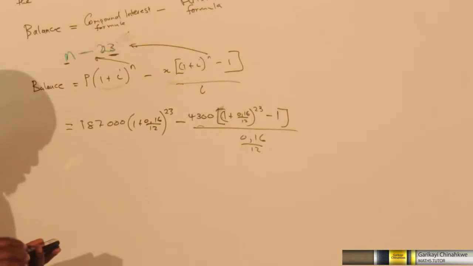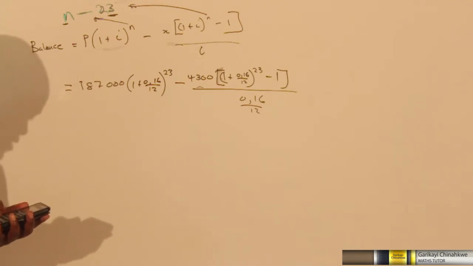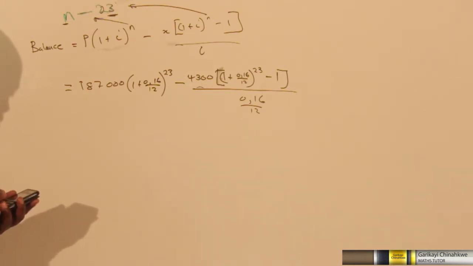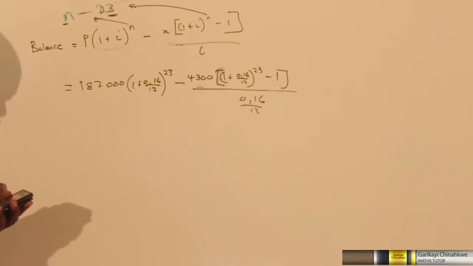So in other words, the balance is 187,123, times 1 plus 0.16 over 12, to the power of 23, minus 4,300, big bracket, 1 plus 0.16 over 12 to the power of 23 minus 1, all over 0.16 over 12.